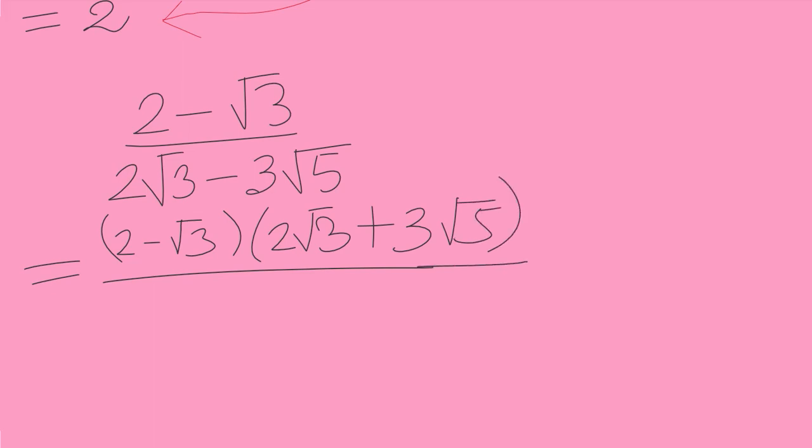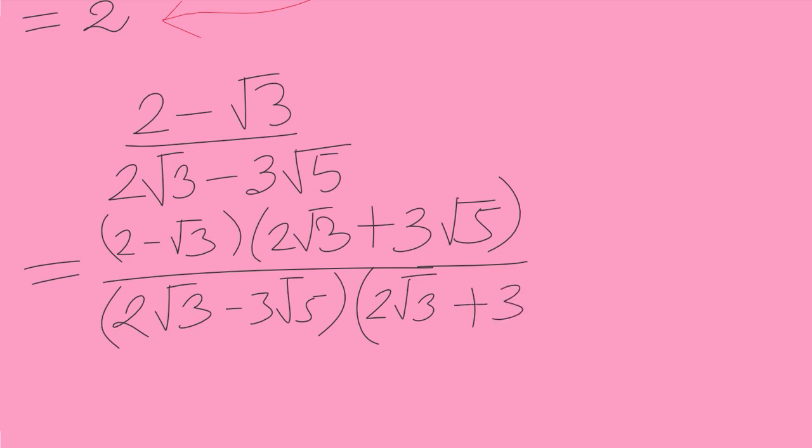So we multiply a plus b, and we multiply this same thing to the denominator, right? And then 2 root 3 plus 3 root 5.